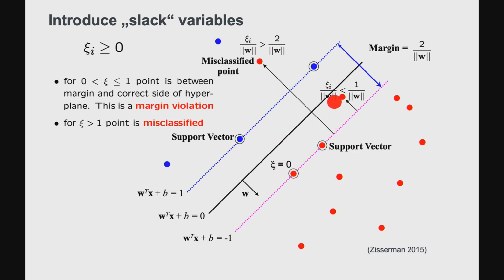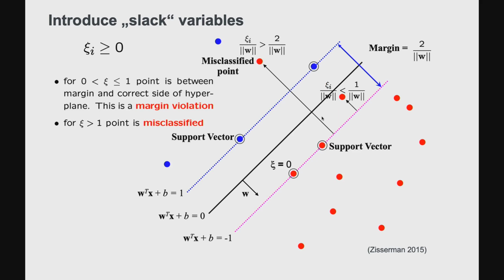And here we have a data point which is just zeta i divided by the length of w away from this discriminant hyperplane. So what we allow for is that such a distance is less than the distance that we want.